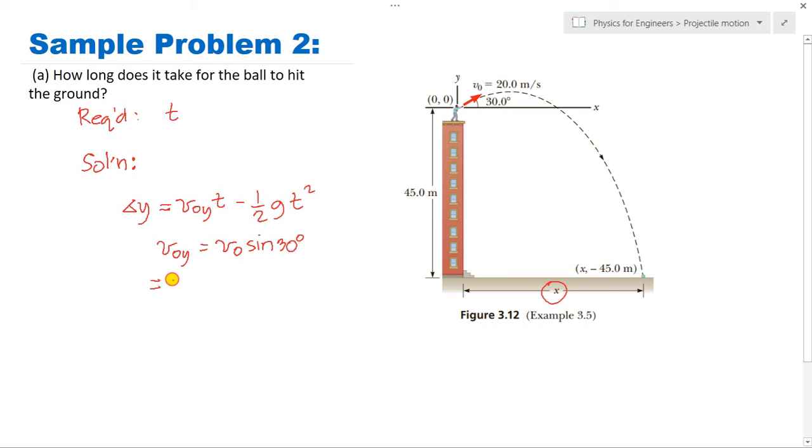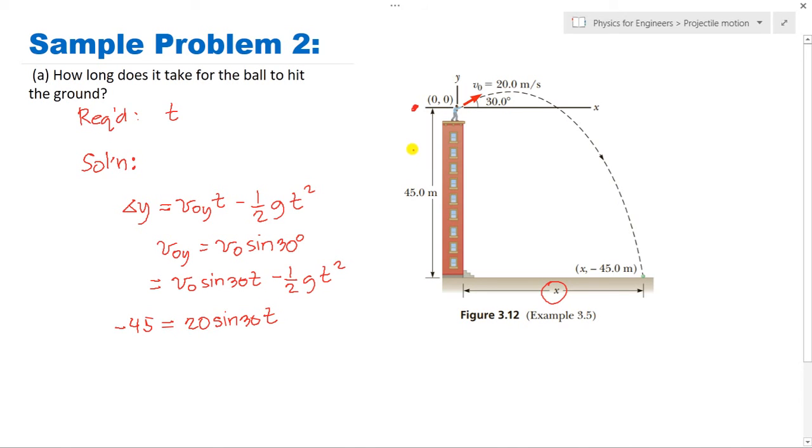So, we have V0y, or V naught sine 30 degrees times t minus 1/2 g t squared. So, let's substitute. Our delta y here is 45. Since our reference point is at the top of the building, it is negative. So negative 45 is equal to our v naught, which is 20, so 20 times sine of 30 degrees times t.